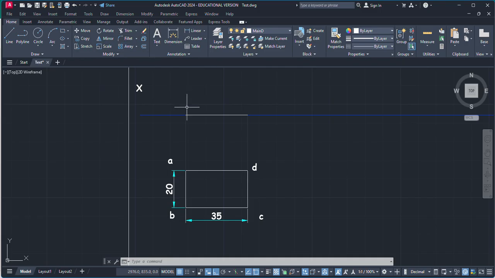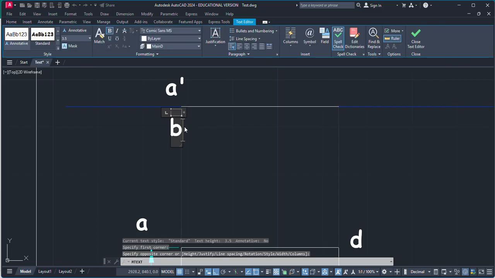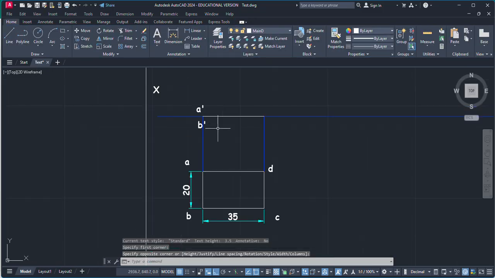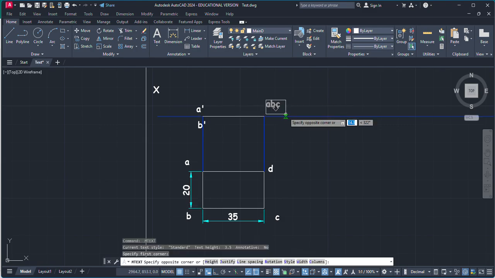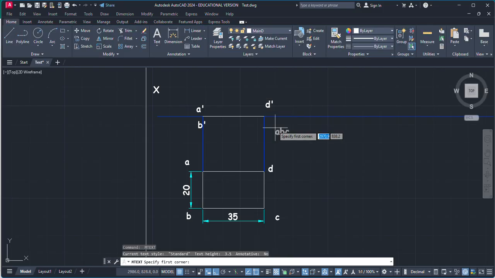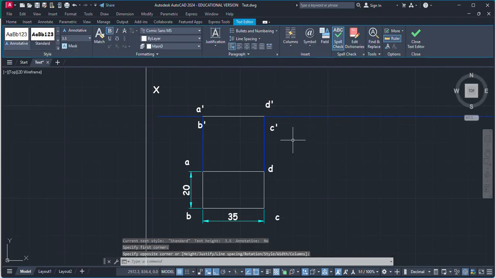This point represents edge AB, so just mark them A dash and B dash. Both points lie on the same point here, and again here D dash and C dash.